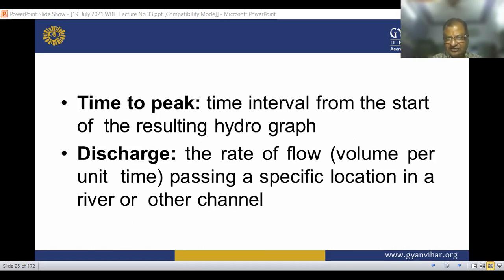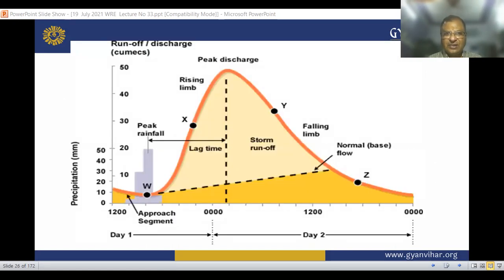Discharge is the rate of flow, volume per unit time, passing a specific location in a river or other channel. This is the peak. This is the runoff discharge. This is the diagram of the peak, so in this diagram you can see that.